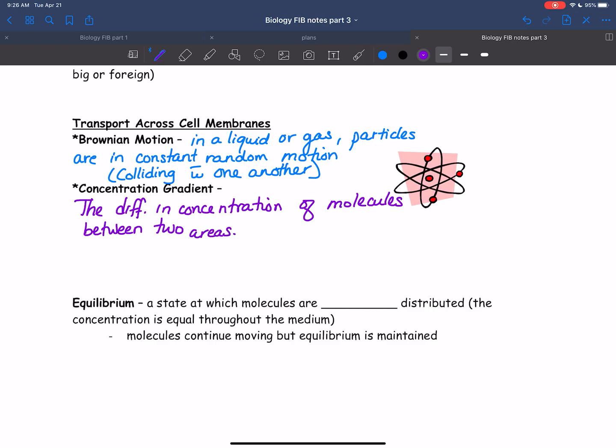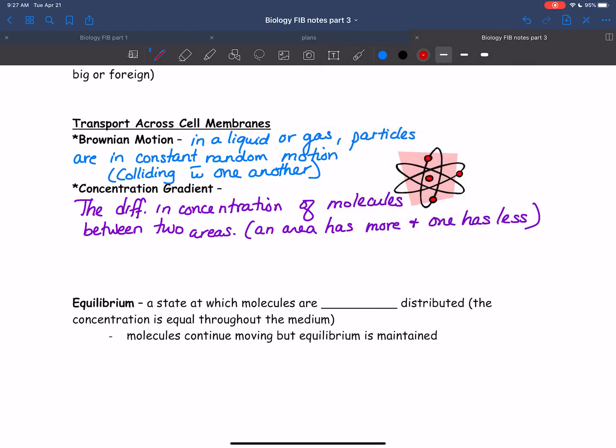Okay. So that's the gradient. You're going to have an area that has more and an area that has less. That's where that word gradient comes from.